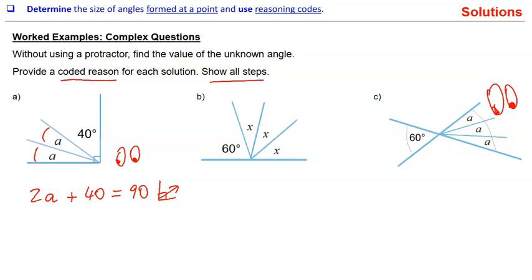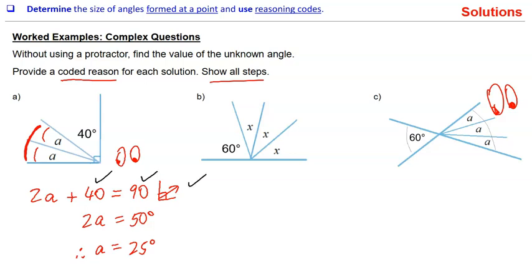Working backwards from what I know, this total amount will be 50 degrees. So say that 2A equals 50 degrees. And when I see this statement, knowing that both of the missing angles must be the same size, the only measurement they could have is 25 degrees.